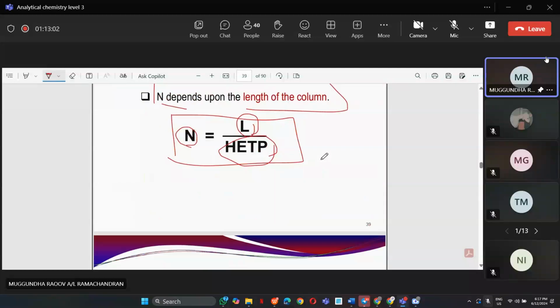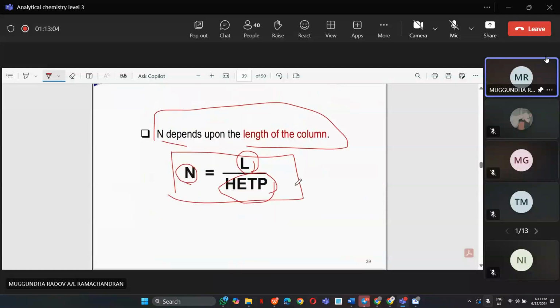Basically, if you want your N larger, your HETP should be lower. For a good separation, we want N to be larger and HETP to be lower.